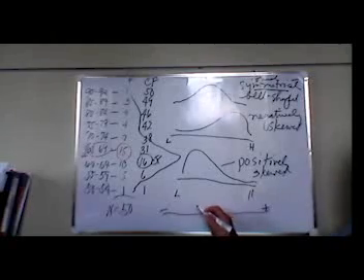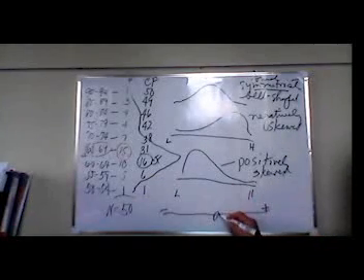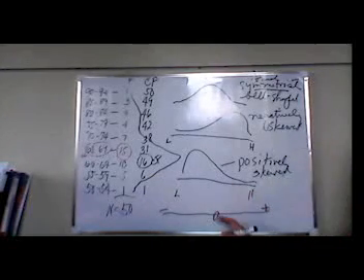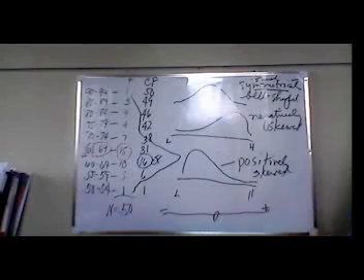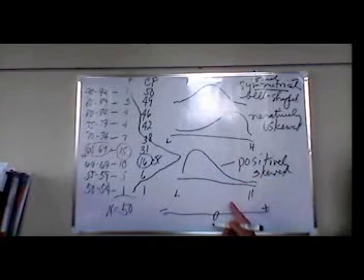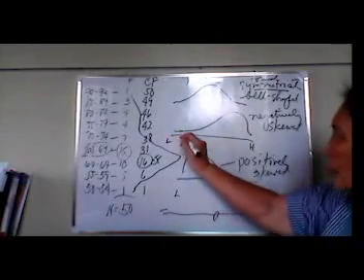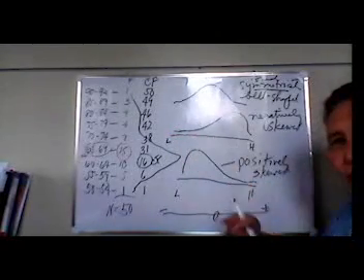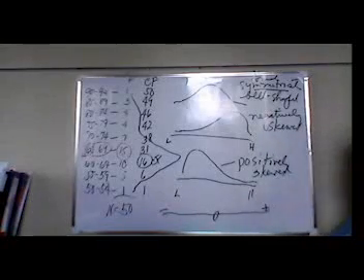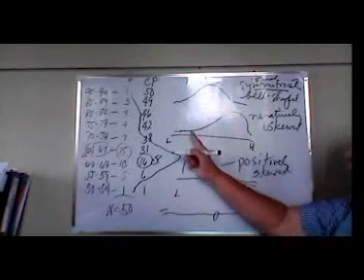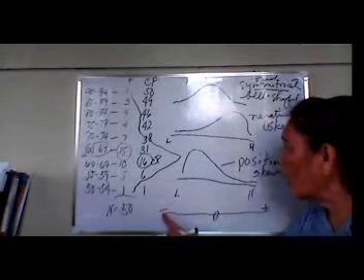From 0, negative 1, 2, 3, etc. From 0, positive 1, etc. To the high end, to the low end. Now, what you're going to look for here is the tail end of the distribution. Where does the tail of the distribution point? In this case, the tail of the distribution points to the negative.